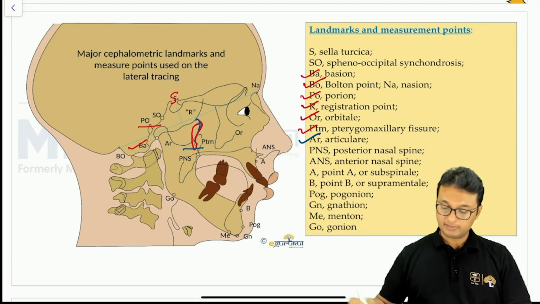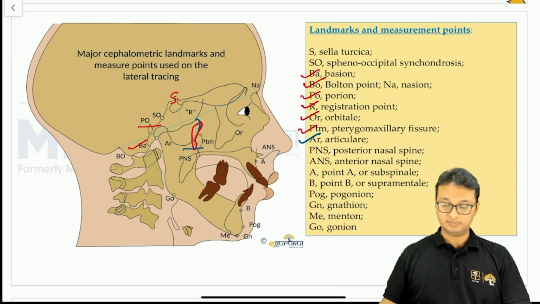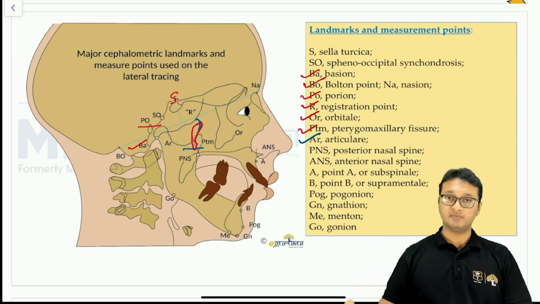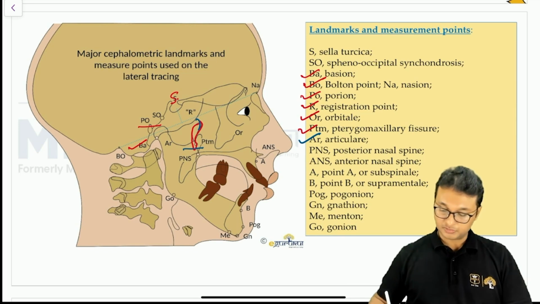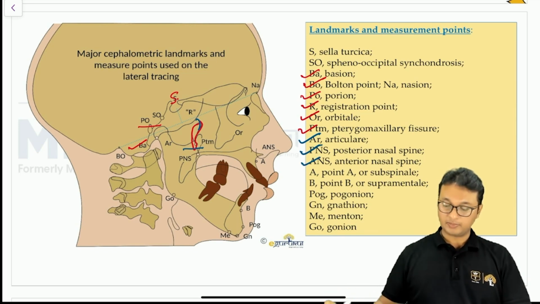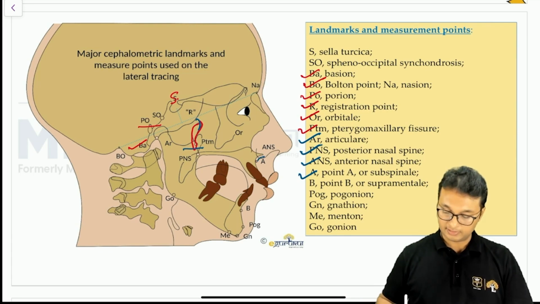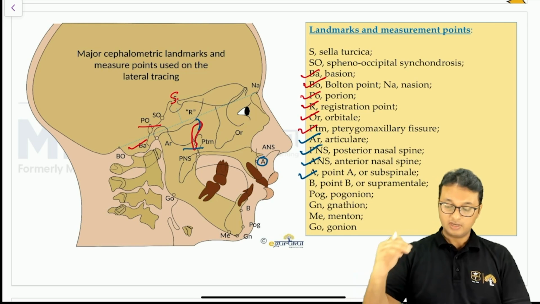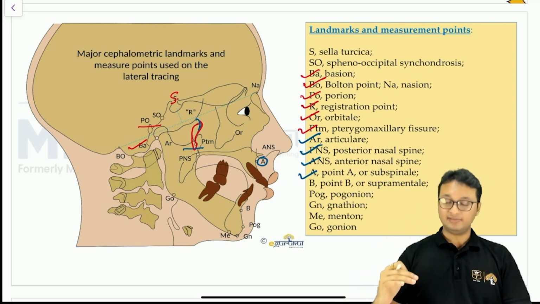Then we have articular. Articular is the junction of the basi-occiput with the posterior surface of the ramal border. Then posterior nasal spine, antenasal spine, point A, also known as subspinal. This is point A, that is the deepest point on the concavity, present just below the antenasal spine.